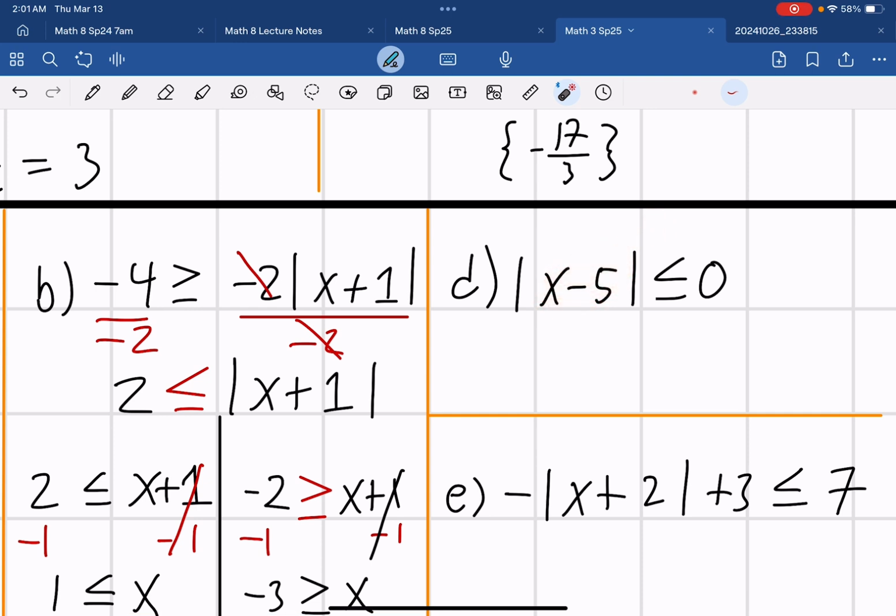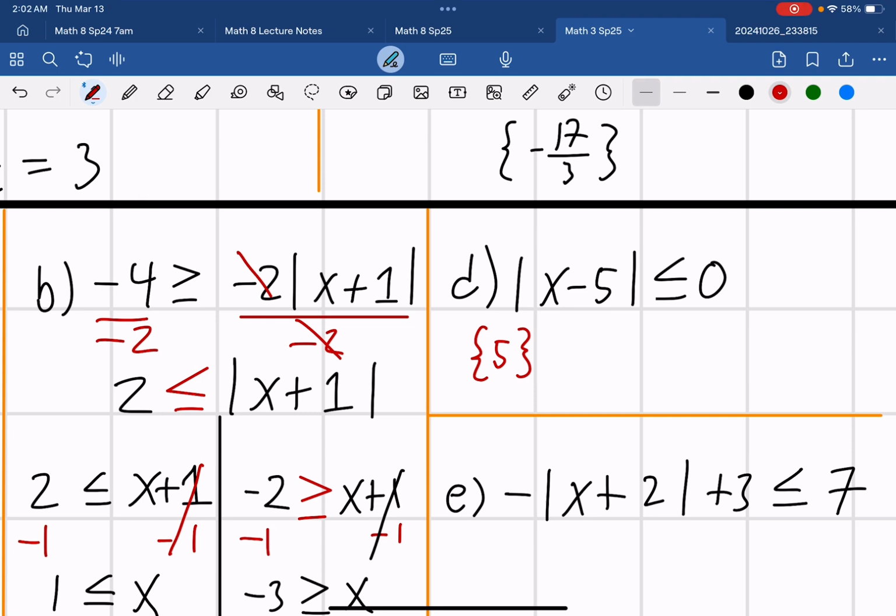But remember we said the outcome of absolute value could either be positive or 0. Now, can I get a 0 out and it's equal to 0? Now that is possible. And if I think about this, x minus 5, what value of x is going to give me that 0? And it's going to be exactly positive 5.